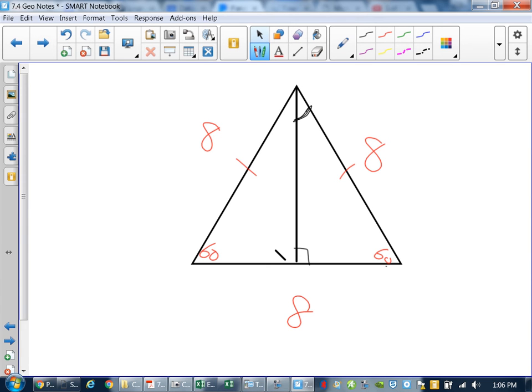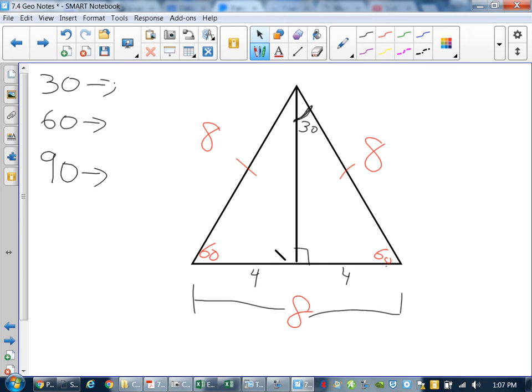What is this little angle up here then? 30. Very good. Now, what that altitude does, it bisects the angle, but it also bisects the side down here. So if this whole thing is 8, these two sections become 4s. And you get this pattern of a 30, 60, 90.